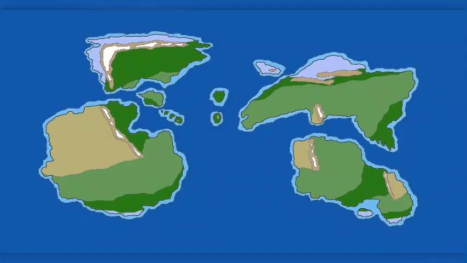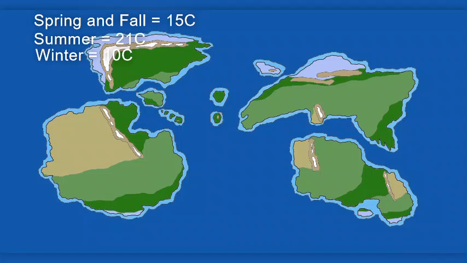The temperature in this third era is 15 Celsius spring and fall, with a 21 degrees Celsius summer, 10 degrees Celsius winter, and yet again, wide temperature swings due to the binary star system.